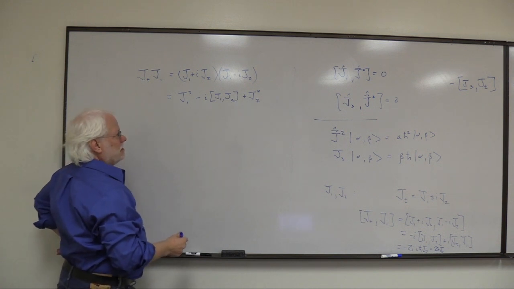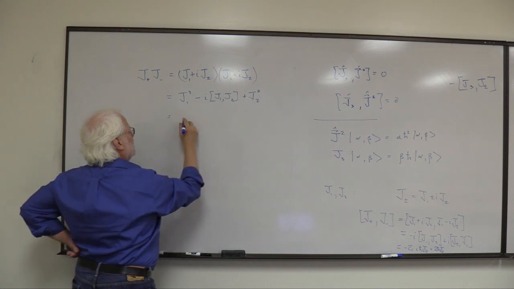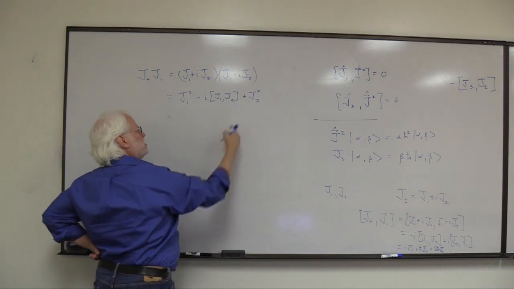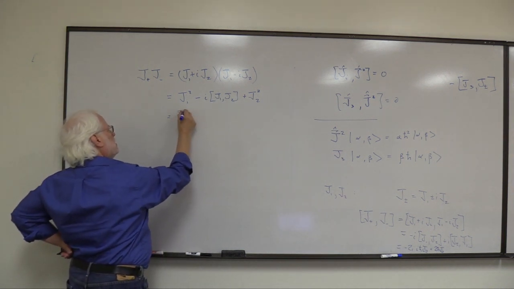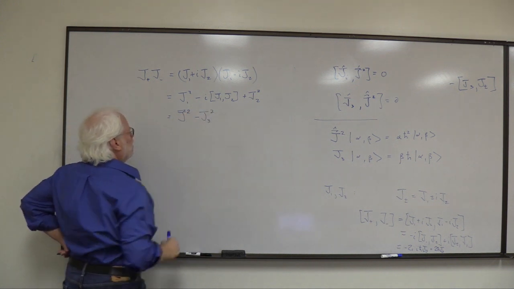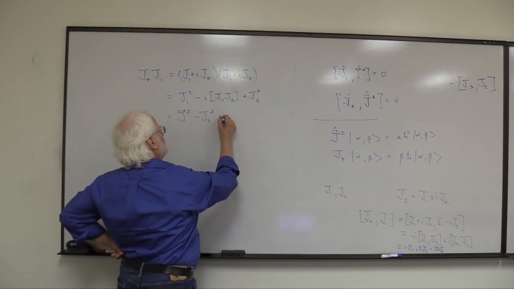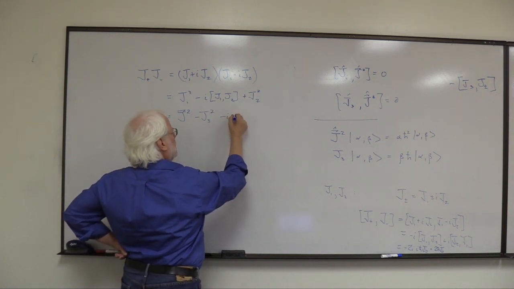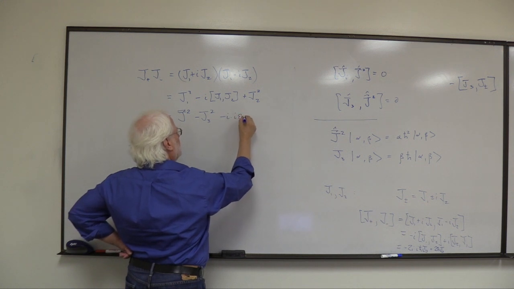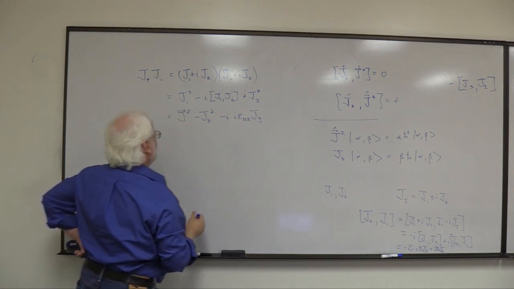And now, since j squared is just the sum of squares of all three, I can write j1 squared plus j2 squared as the total j squared minus j3 squared. And then I know that the commutator of j1 with j2 is i epsilon 1, 2, 3, j3.